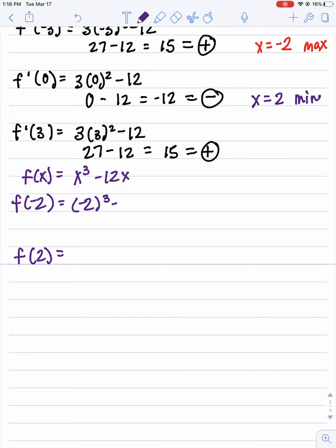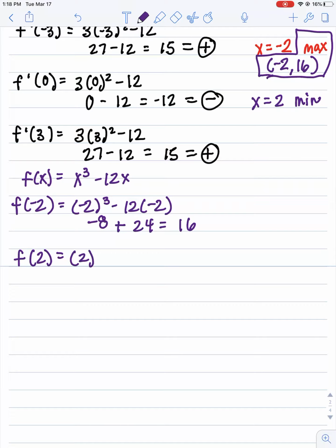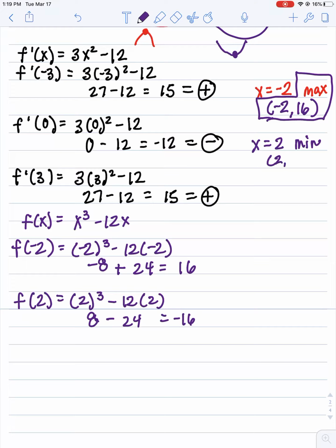So it'll be negative 2 cubed minus 12 times negative 2, which is negative 8 plus 24, which is 16. So the first ordered pair is negative 2, 16. That is the maximum. And then if you plug in positive 2, 2 cubed minus 12 times 2, that is 8 minus 24, which is negative 16, which means 2, negative 16 was my minimum.